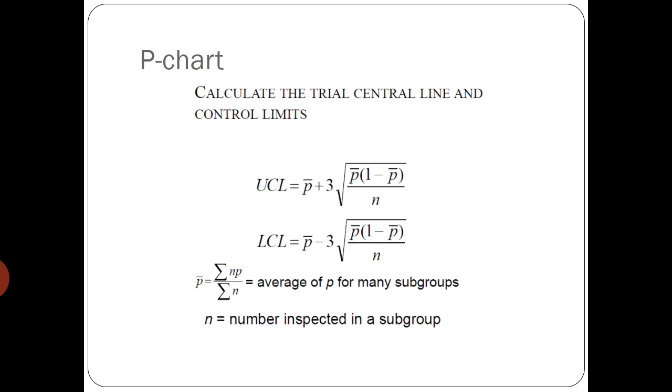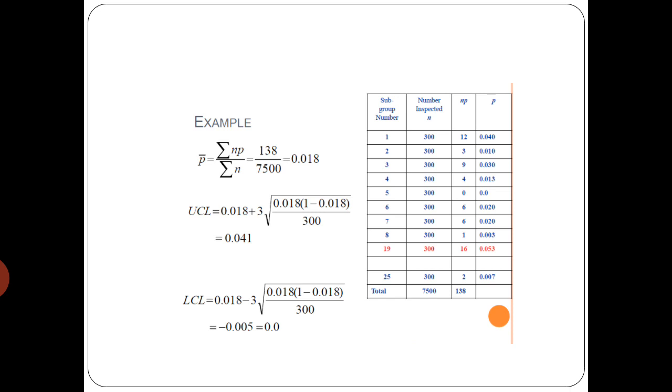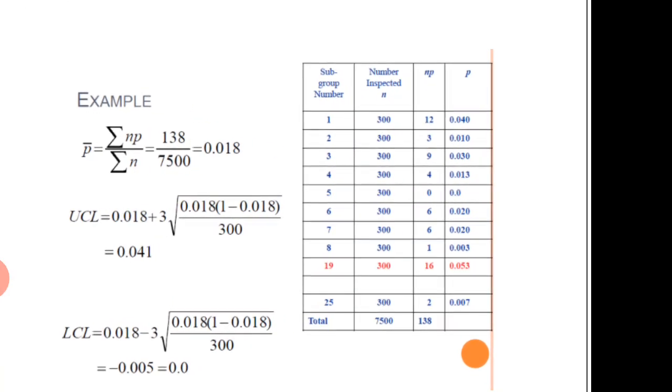So just go on concentrating on the formula. P, NP and C all denote the defects. See, one simple problem we have taken, with subgroups numbered 1 to 25. The number inspected in all cases is constant, that is 300.